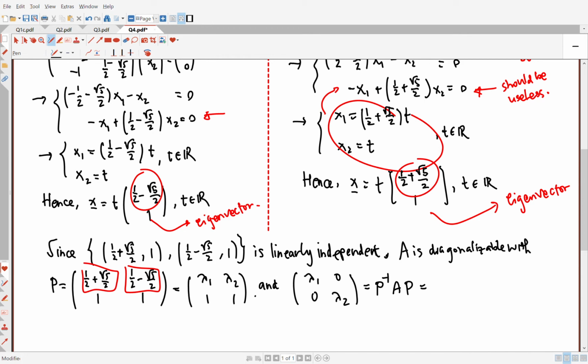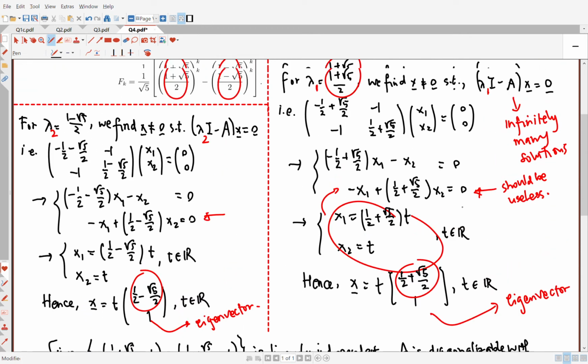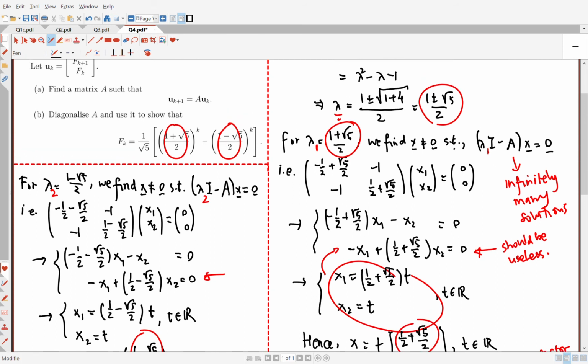Okay, good. Let's call this D. We are done with the diagonalization part.